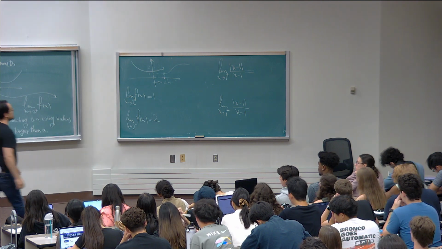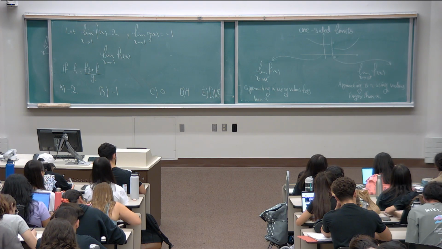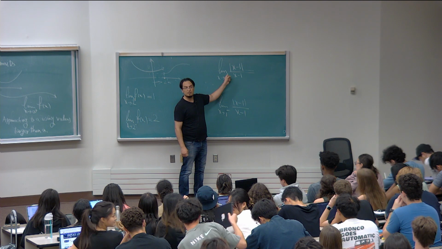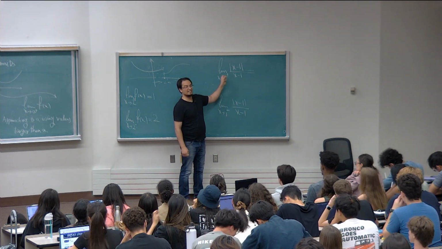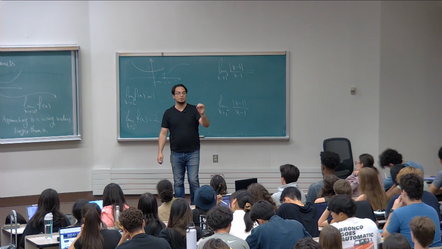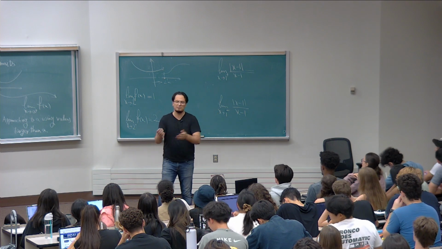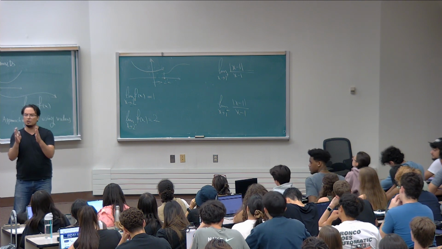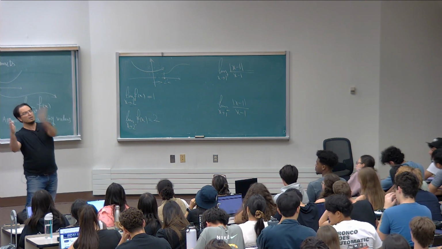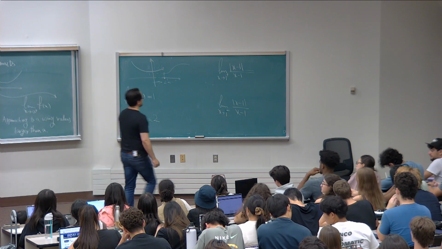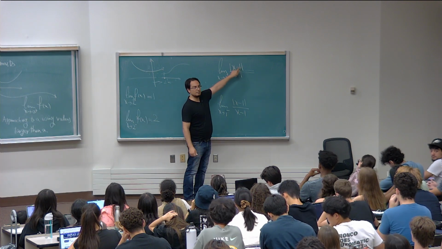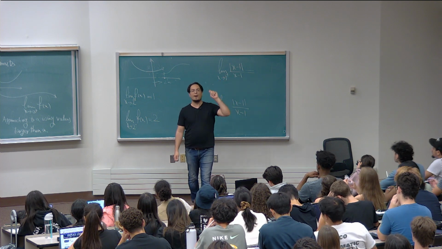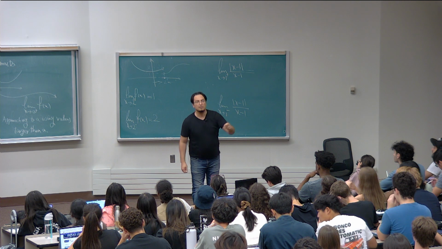Here, the first thing I will note is that when x approaches 1 from the right, that implies that I'm only working with x values which are bigger than 1 and close to 1, something like 1.1, 1.01, or something like that. Small numbers. I'm getting close to 1 from the right. That means that this x is going to be bigger than 1. So x minus 1 is going to be positive. Absolute value of a positive number is the same number.